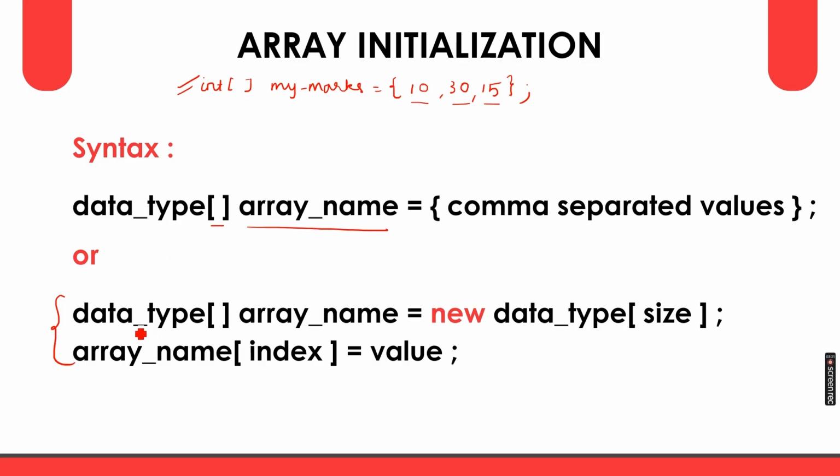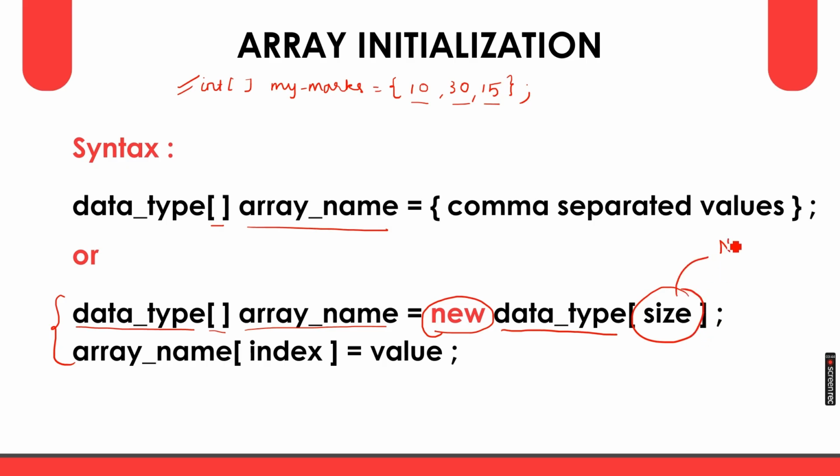In this you will have to do 2 steps. First you write the data type, square brackets, array name, same as above, and then after the equal to sign you use the new keyword. Then you tell the data type again, and here you put in the size of your array.